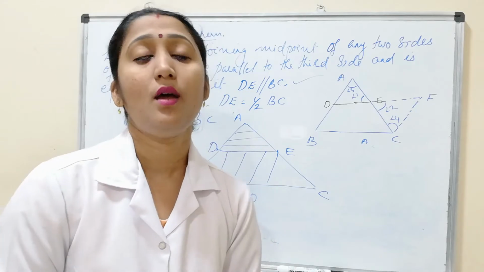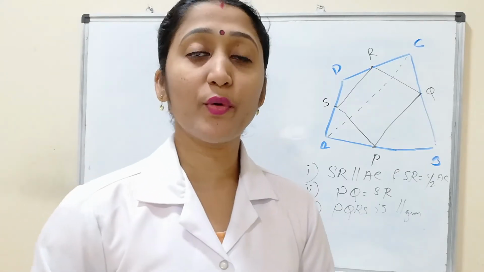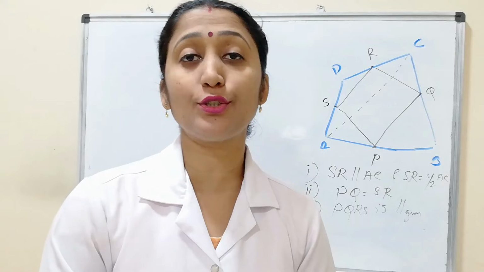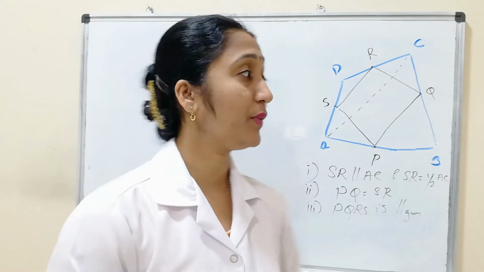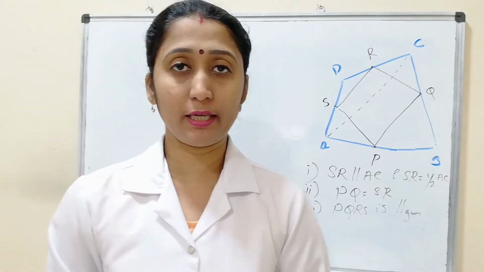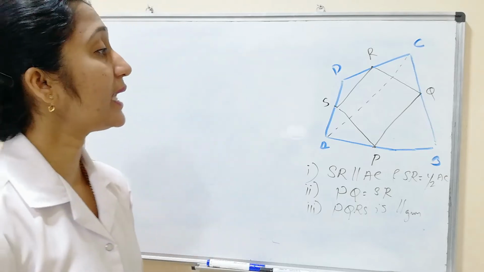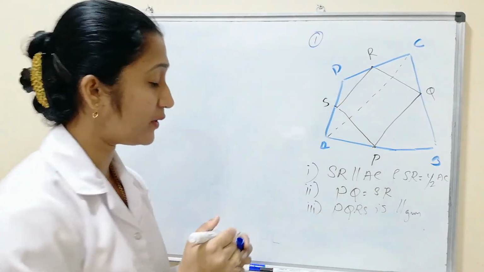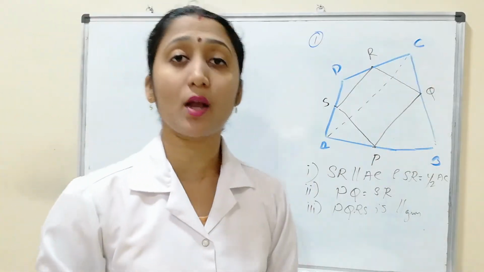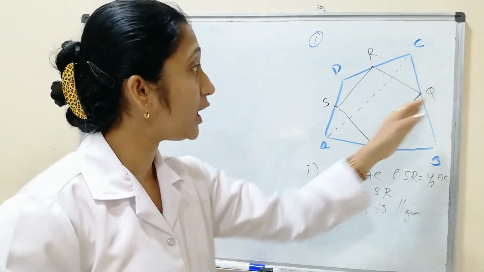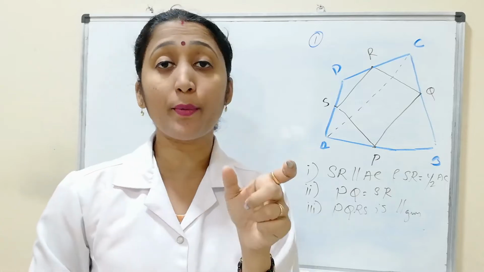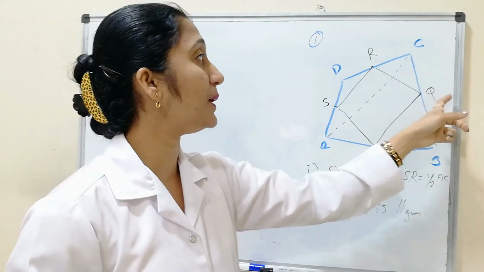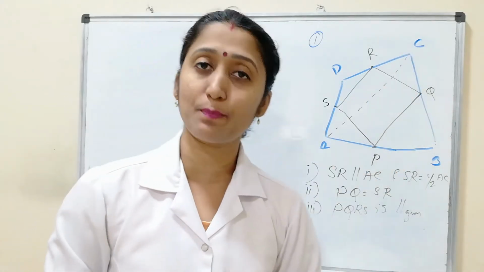Is it clear? Okay, so next we are moving on to exercise 8.2, the first problem based on the midpoint theorem. This is the first question of 8.2. It is given that ABCD is a quadrilateral and P, Q, R, S are the midpoints of AB, BC, CD and DA respectively.